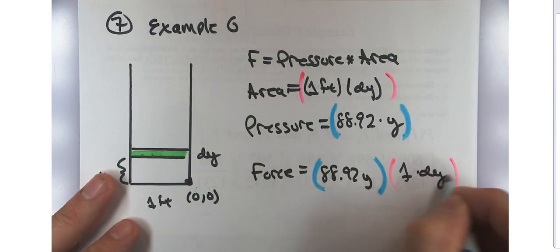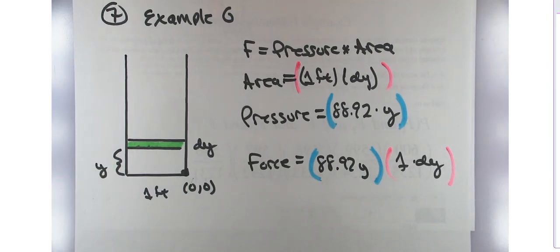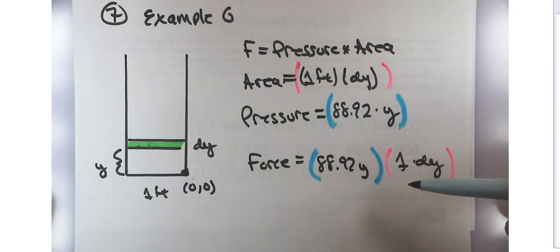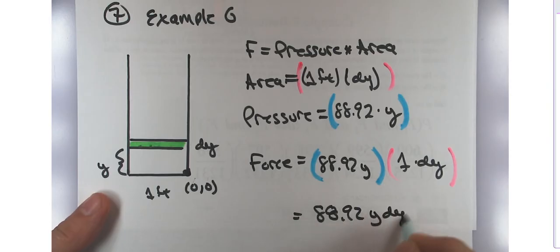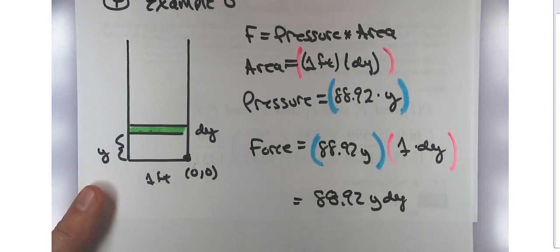You don't need to write the 1. I'm just writing the 1 so you can kind of see where some of these things are coming from. So the force is going to be 88.92 y dy. That's the force on one such plate.